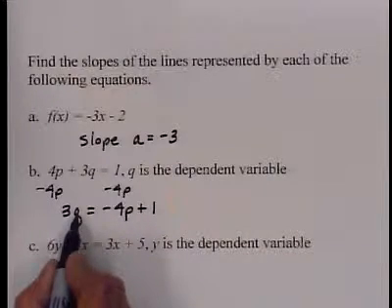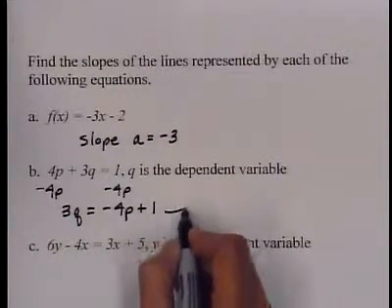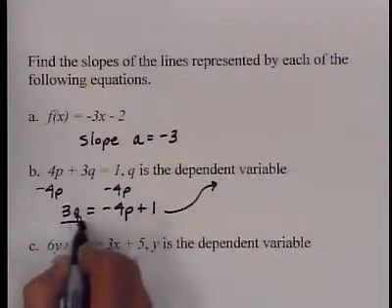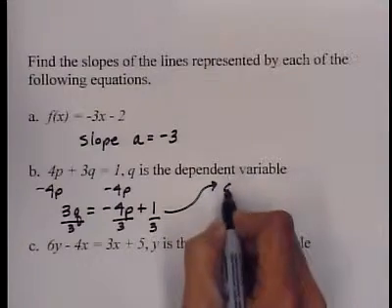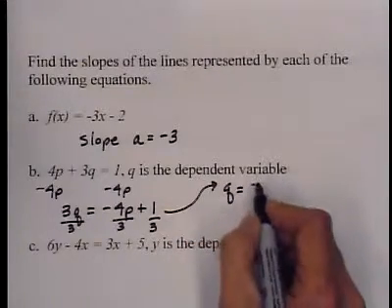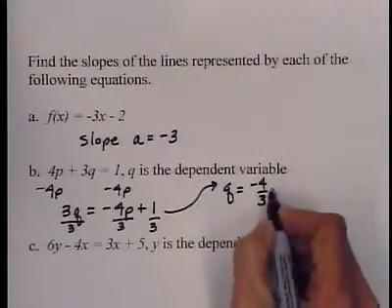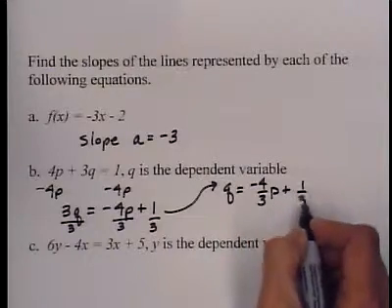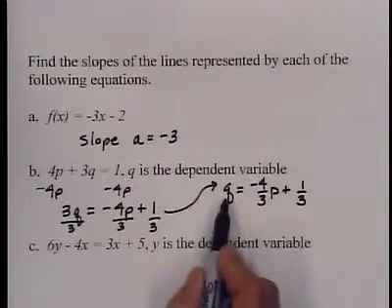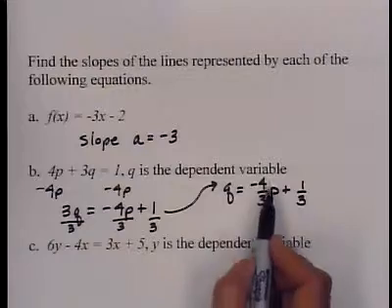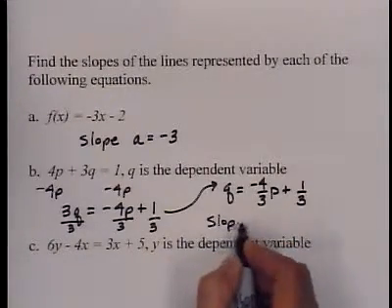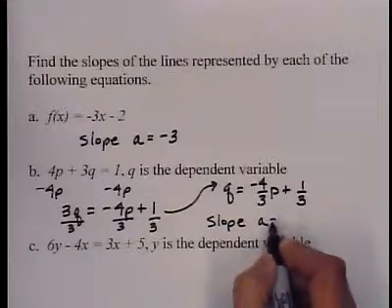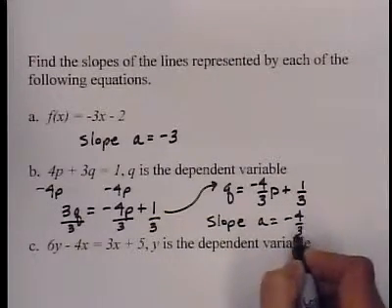To get q by itself from here, I need to divide by 3, and I'll divide each part of the equation by 3 to get q equals negative 4/3 p plus 1/3. Now that the dependent variable has been solved for, the coefficient of the independent variable is the slope. So the slope, a, is negative 4/3.